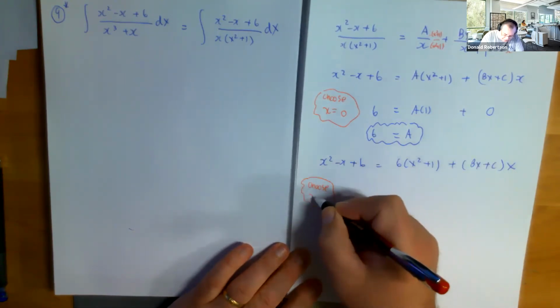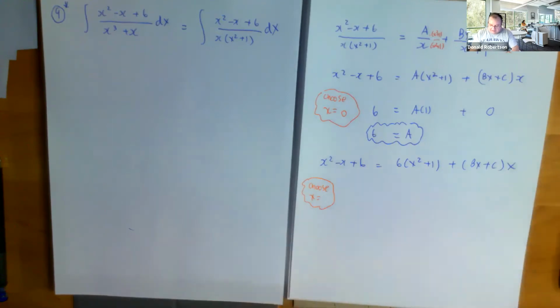Another reason for doing this is it's a little bit easier to see what's left to be found if it's a letter, right? Can you see that there's a B and a C still to be found? So now we can focus on another choice of x. One choice only is going to help us. Anything else ain't any good.